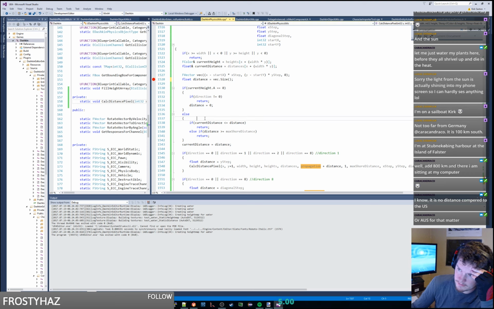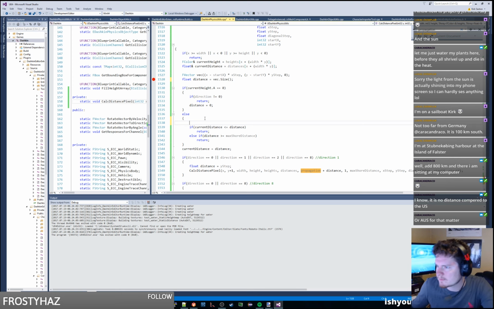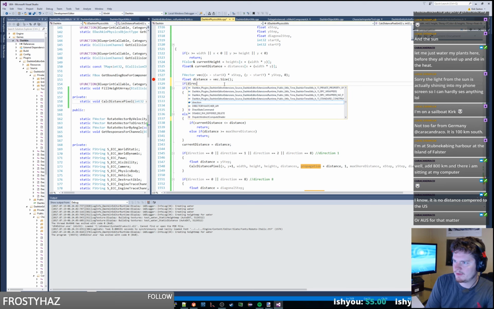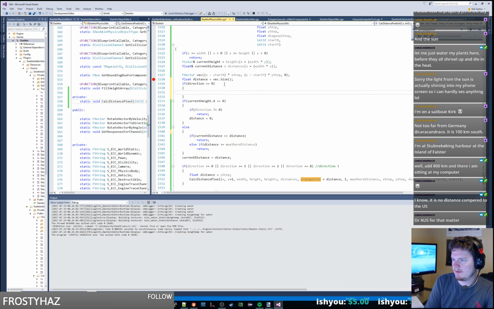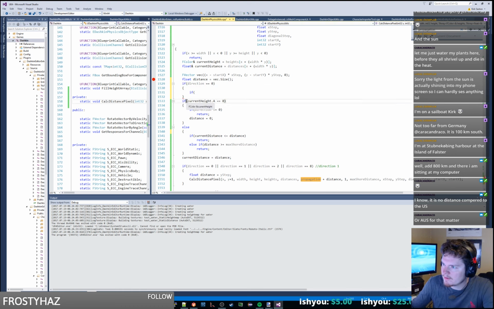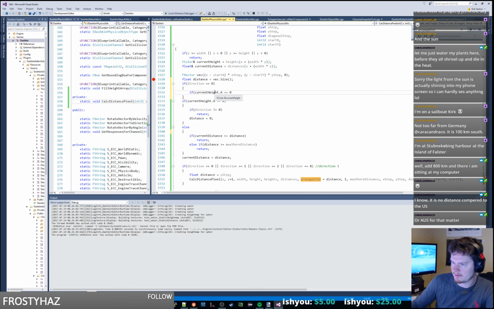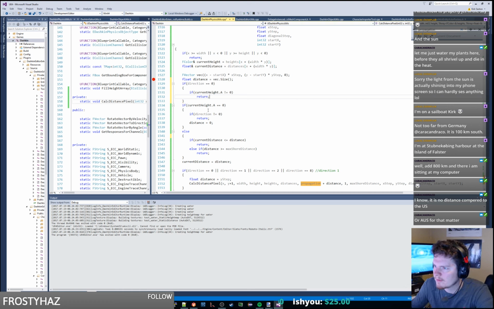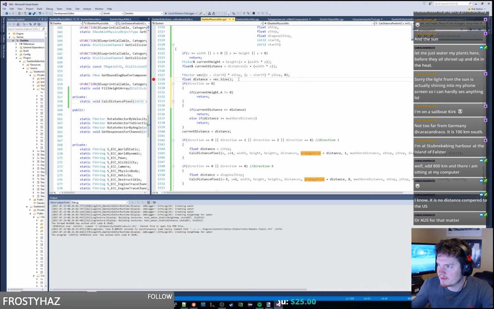Otherwise, yeah, it's basically if direction equals 0, if current height equals 0, does not equal 0, then return. And then we do this distance check here.